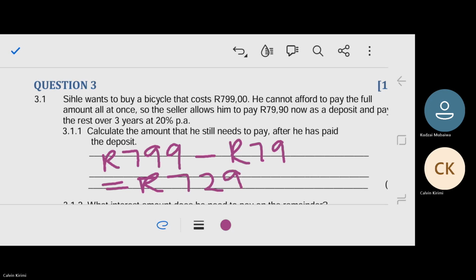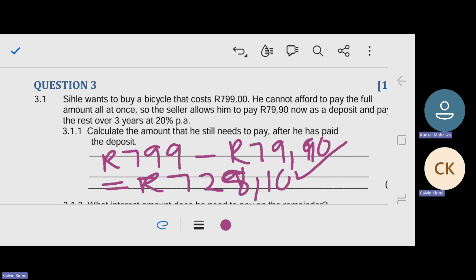Mental maths. 729 rands. Is that not so? But there is 90 cents there, which means it's going to be 728 rand 10 cents. Comma 16.